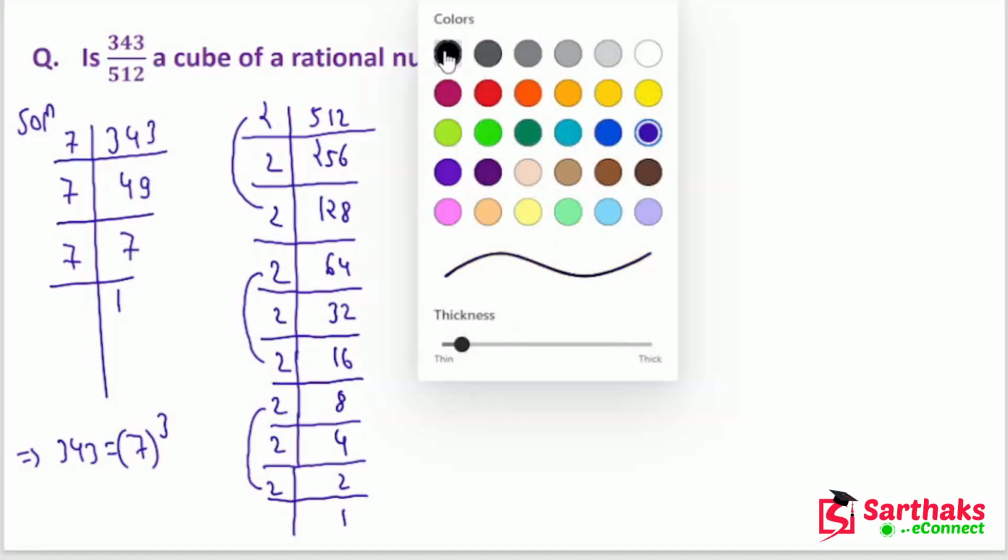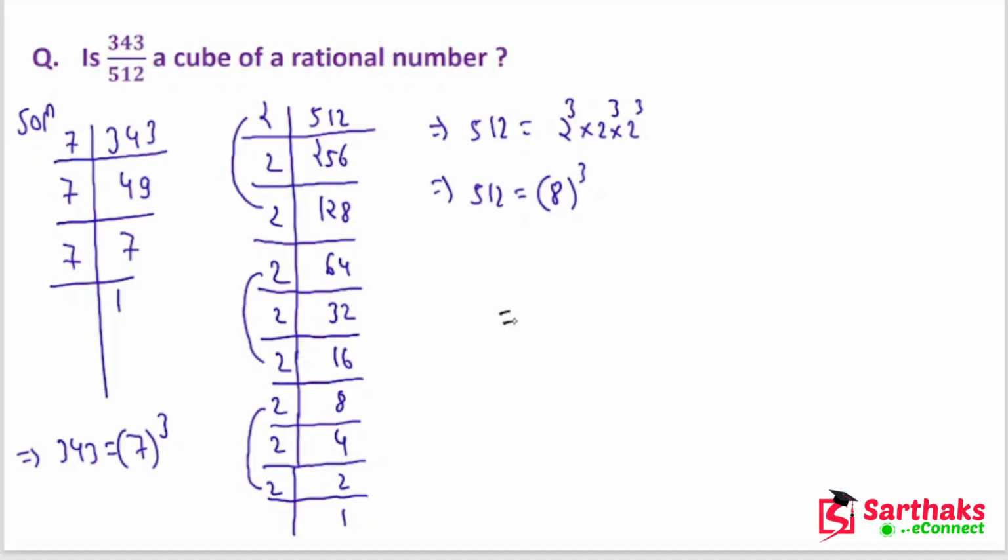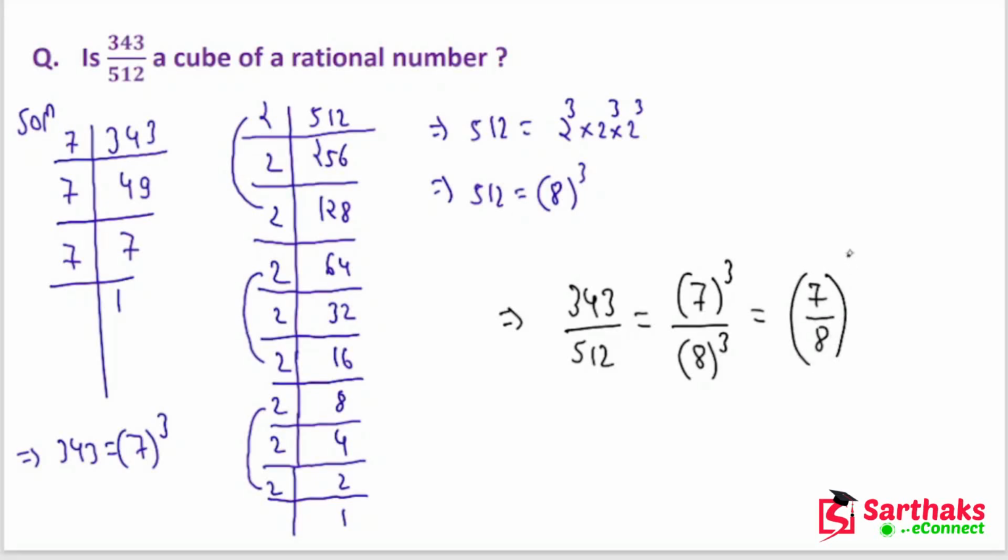So yes, we can say that 343 upon 512 is nothing but 7 cube upon 8 cube, and using exponents and powers we can see that it is 7 by 8 whole cube.